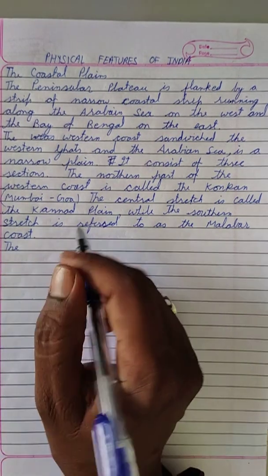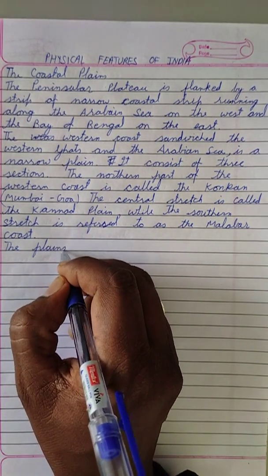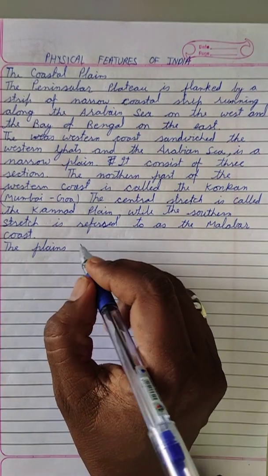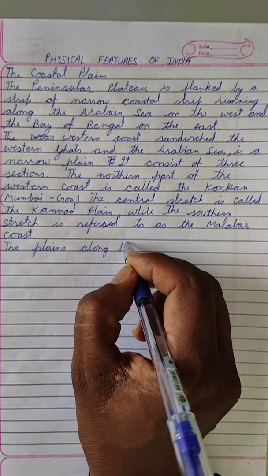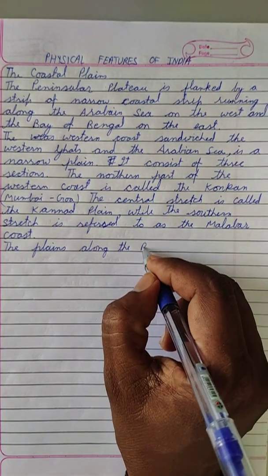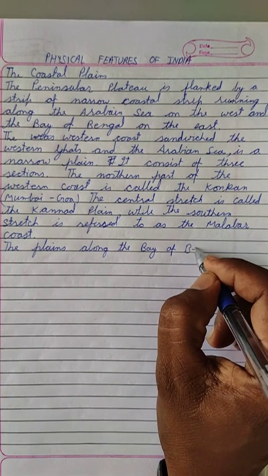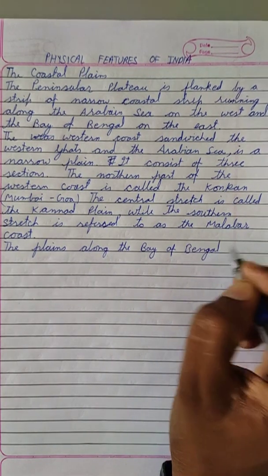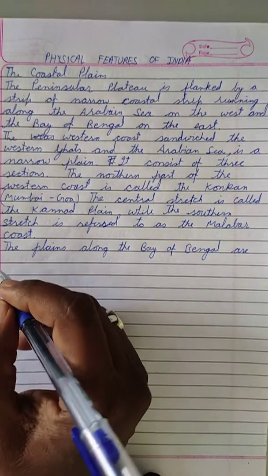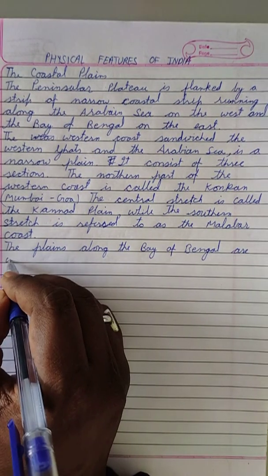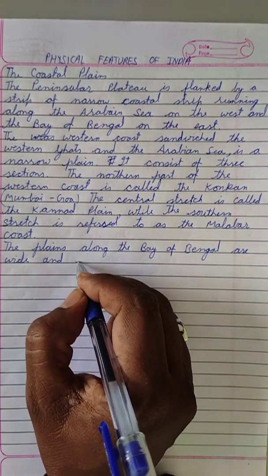The plains along the Bay of Bengal are wide and level.